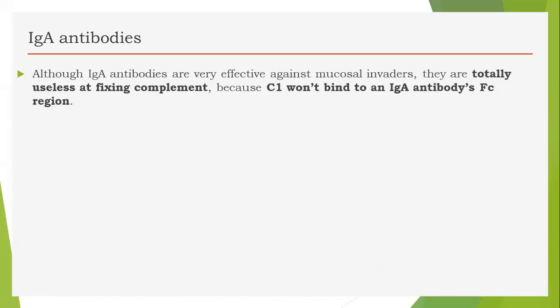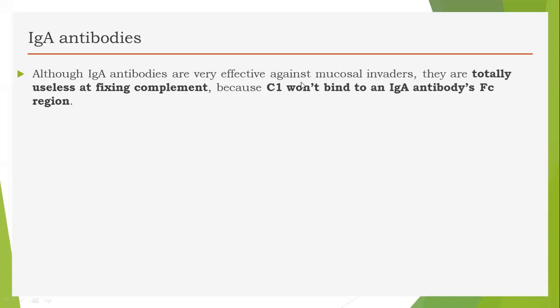And one important concept that we will need to remember is that as much as immunoglobulin A is effective in fighting off mucosal antigens or invaders, it is quite useless in terms of complement fixation. And this is a very, very good point. Can anyone tell us why immunoglobulin A is useless in binding complements?